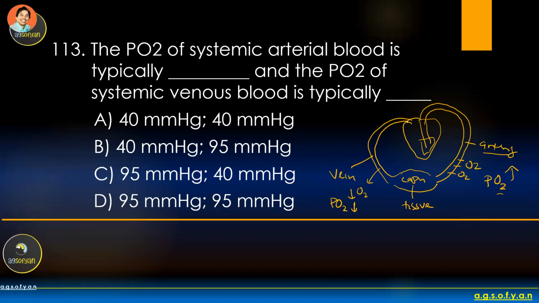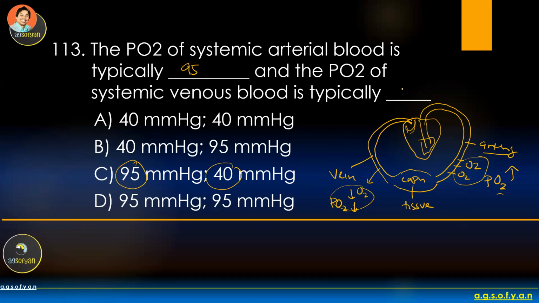Remember, the blood that goes to the right side of the heart will be poor blood, the blood that has less oxygen. So look for the higher pressure on the arterial side and the lower pressure on the venous side. On the arterial side it will be 95 millimeters of mercury.